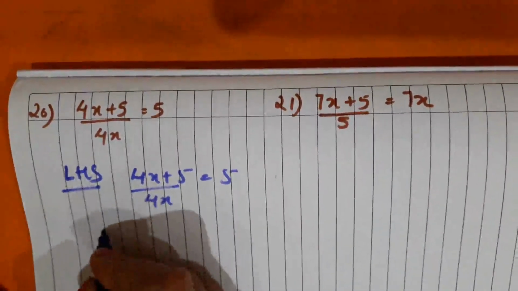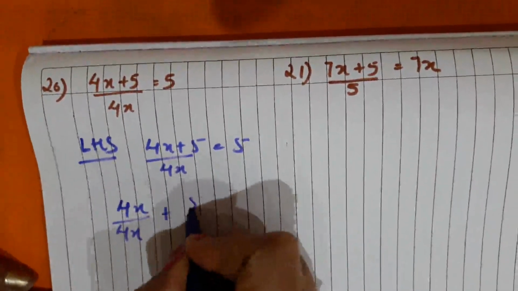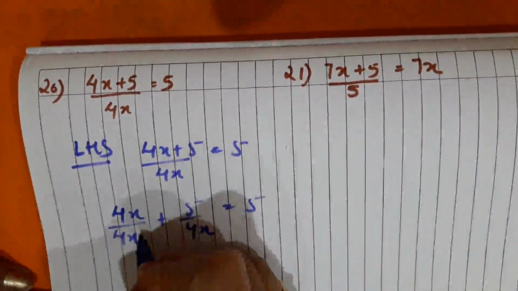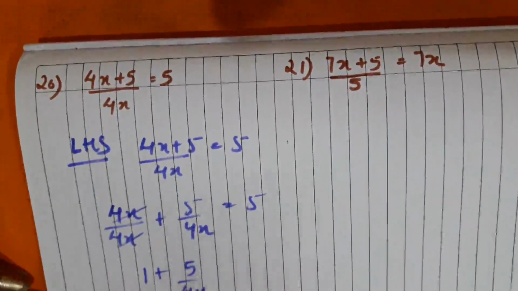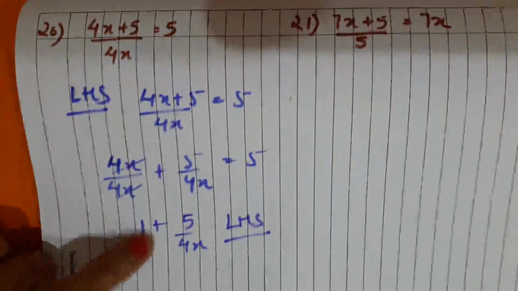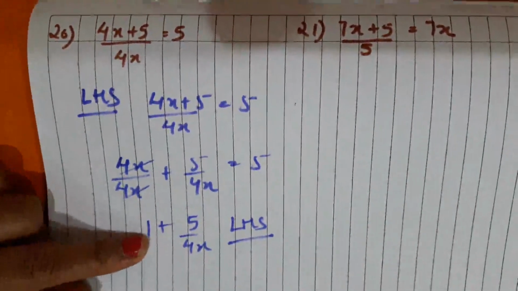Okay, so one thing we can do, we can say that the denominator 4x belongs to the 4x and the 5 also. Individually we can write 4x upon 4x plus 5 upon 4x. So this will cancel out. So 1 plus 5 upon 4x. This is your leftmost side, we need this answer. Instead of 5, this answer should be there in the right hand side.